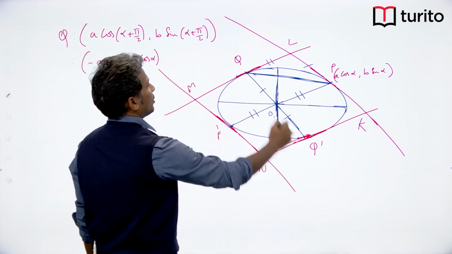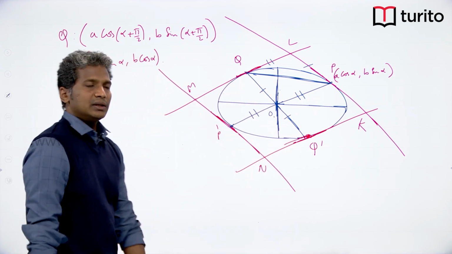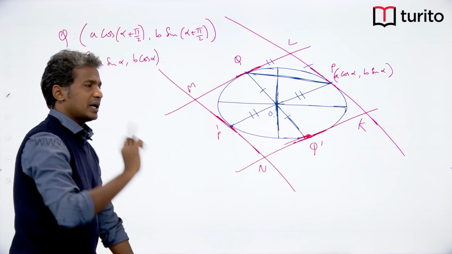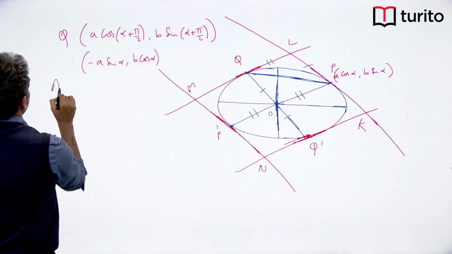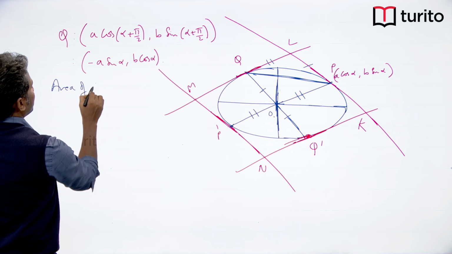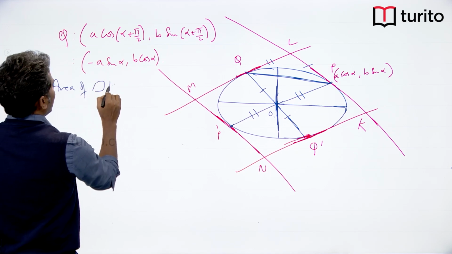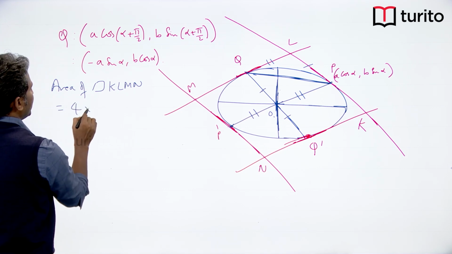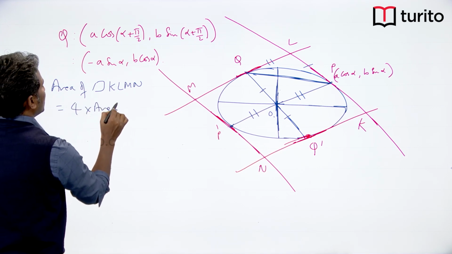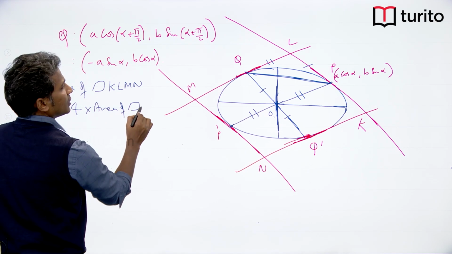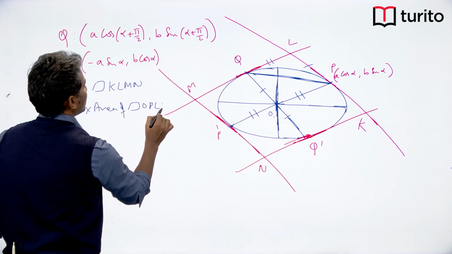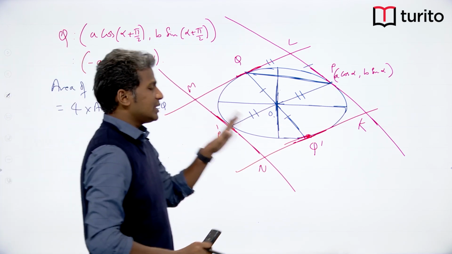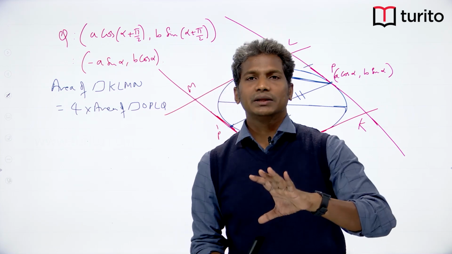Now when we join these lines, we can conclude one simple idea here: the area of the parallelogram KLMN is going to be equal to 4 into the area of the parallelogram OPLQ. We concluded this based on the symmetry in the diagram.